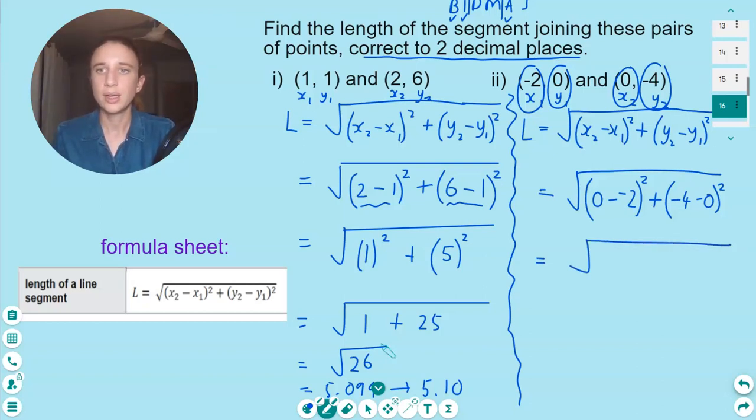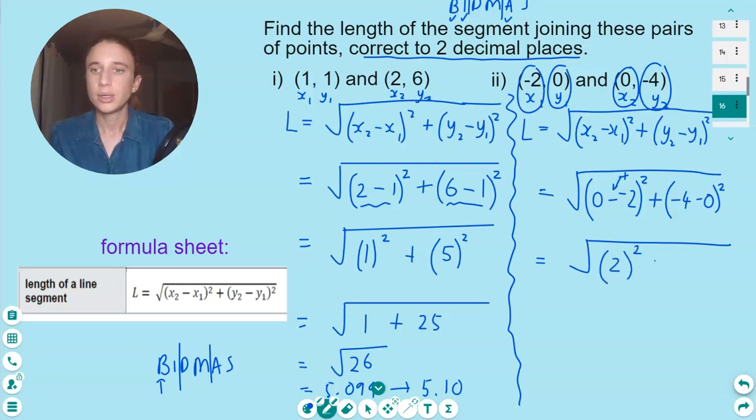So I'll write BIDMAS down here this time. First of all, it says if there are any brackets, simplify within them. So taking away negative 2 is the same as 0 plus 2, squared. So 0 plus 2 is 2, simplifying within the brackets.